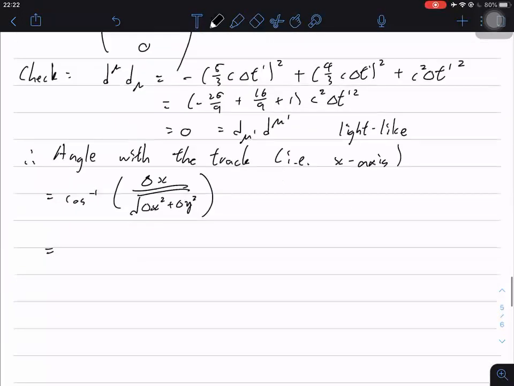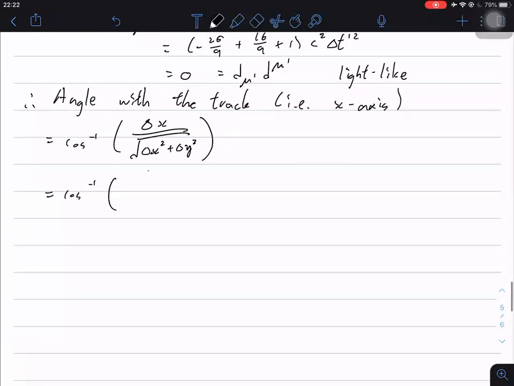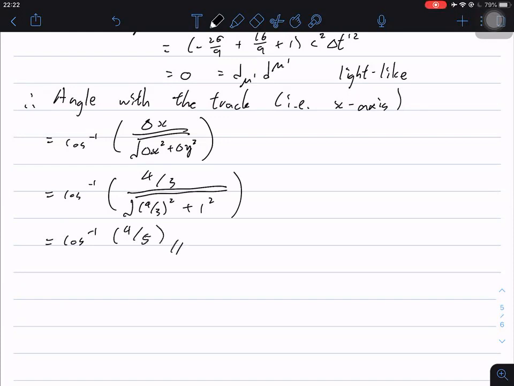So we have arc cosine of 4/3 c delta t prime over, well, we can just cancel the c delta t prime because they all cancel out, the square root of 4/3 squared plus 1 squared. So the final result is arc cosine 4/5. So that's the angle.